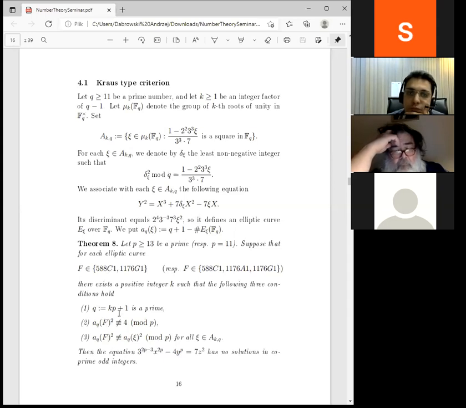So the assumptions are as follows: assume that q is prime for some positive k, that the square of the Frobenius trace of the curve, for any f, as we have only two f's, is not congruent to 4 mod p.